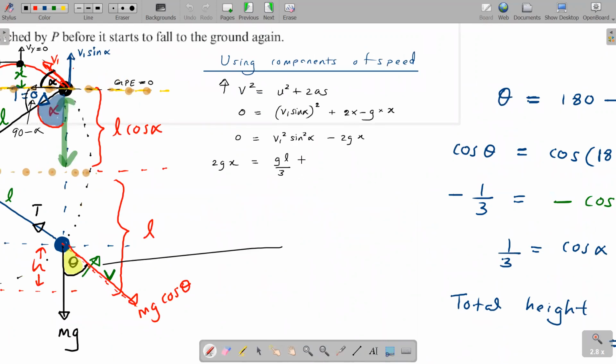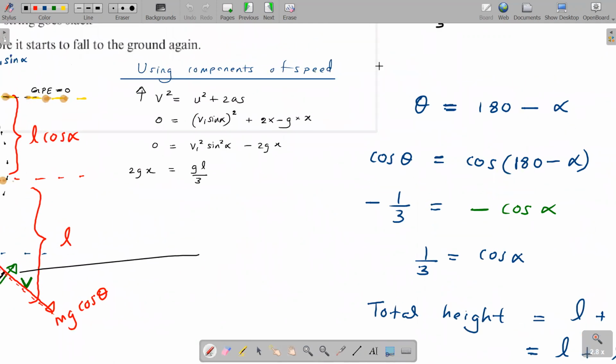Now cos alpha we have found as 1 over 3. Either you could draw the triangle and get sin alpha. Cos is adjacent over hypotenuse, then you can use Pythagoras theorem: 3² minus 1, that's root 8. Or you could even get sin² by using 1 minus cos².